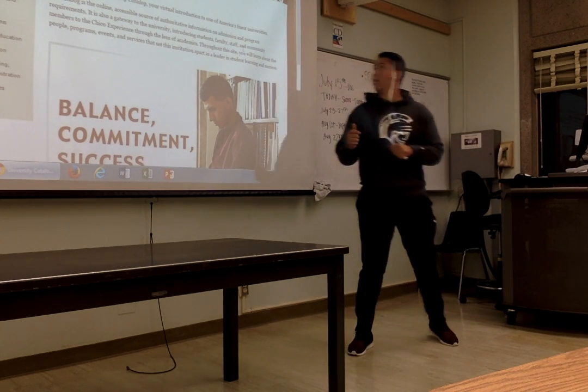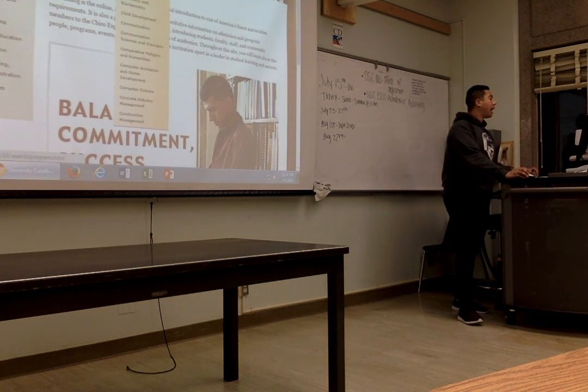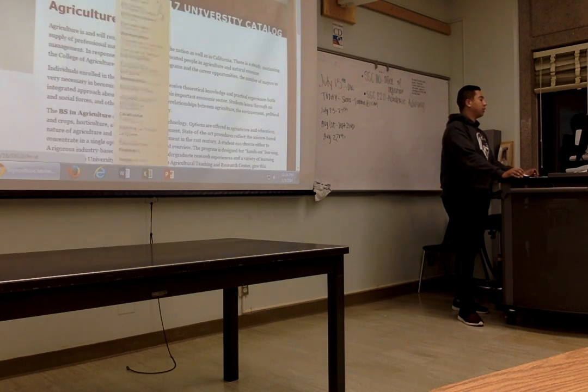So basically, maneuvering through the catalog, you have the academic programs. All the majors are listed right here. Every major that we offer here at CSU Chico is listed right here. Let's say we want agriculture. Click on agriculture.